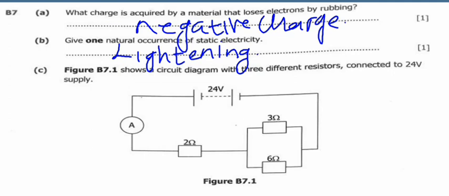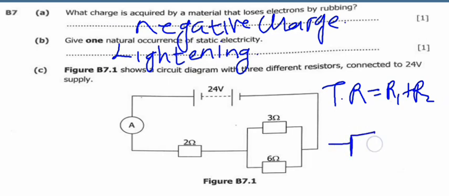So to find the total resistance of resistors connected in series, just say the total resistance is equal to resistor 1 plus resistor 2. An example, suppose you have here a resistor, another one here. So these are the examples of resistors connected in series.